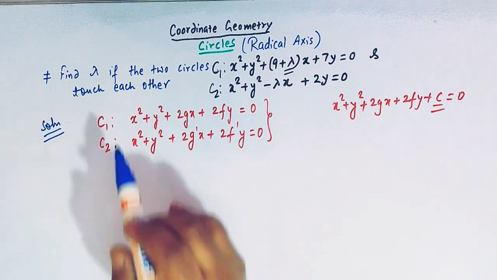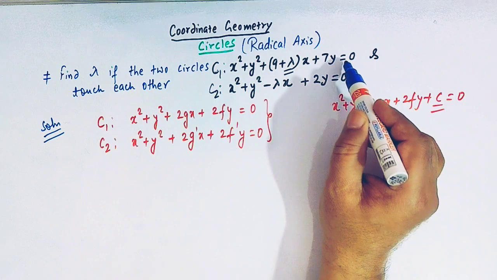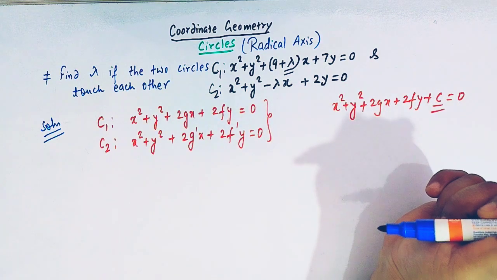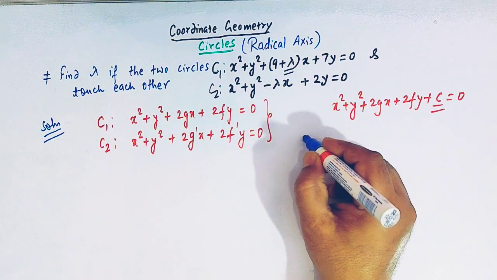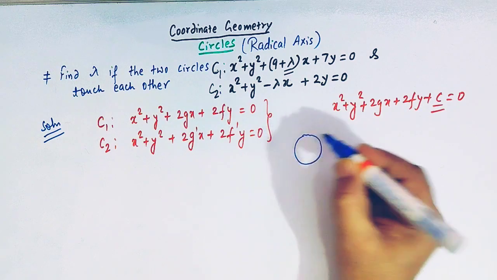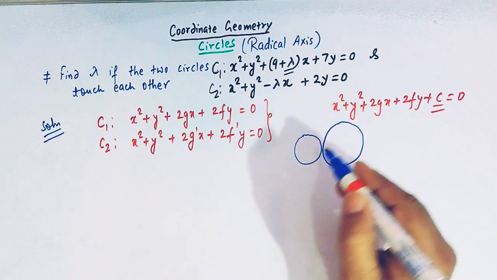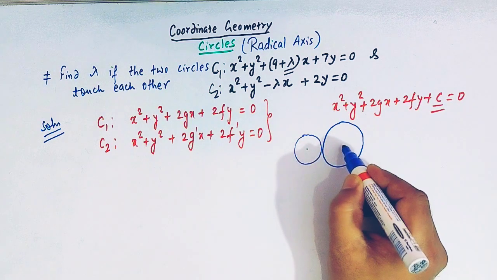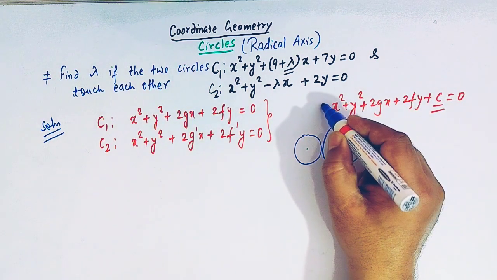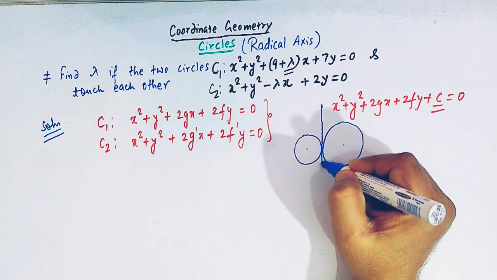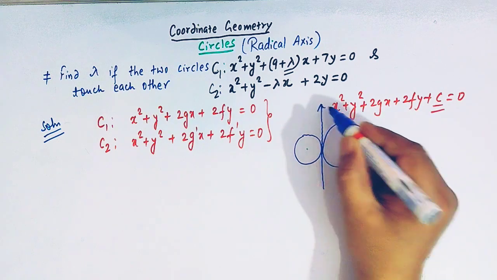So now we have to find the value of lambda if these two circles touch each other, right? So we know that if we have one circle like this and another circle like this, and if these two circles touch each other, we have a common tangent, right? So this is the common tangent, right?